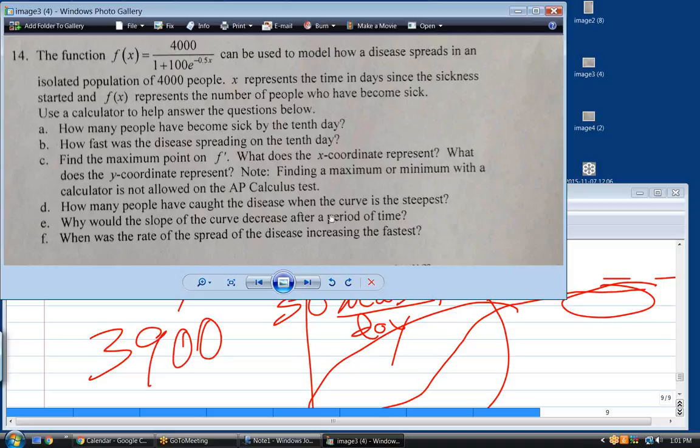Seems to me that that's the same question as C. I unfortunately have a 1 o'clock appointment that I have to go for, so I can't talk anymore about that, but the spread of the disease is the first derivative, so the rate of the spread would be the second derivative. That's where the second derivative is the steepest. So that's really where the third derivative is equal to 0. So F would be, the third derivative would be equal to 0.